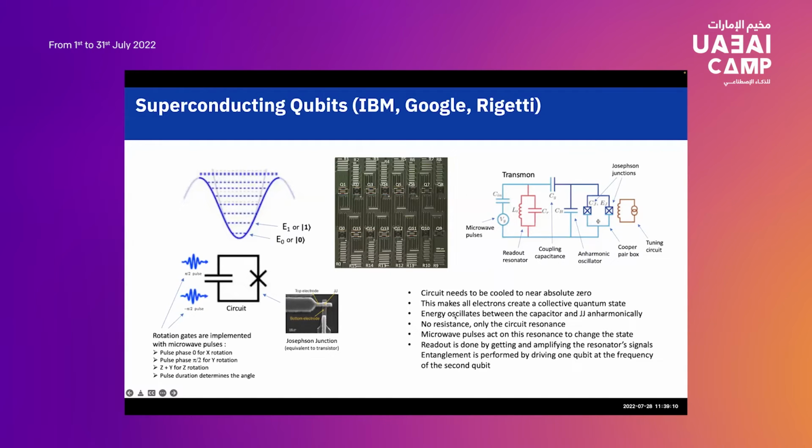So this is how it works. It needs to be cooled to near absolute zero, and we use microwave pulses to control them. There is really a lot to learn here if you like, but what is really exciting is that they are static, and we can easily control them.